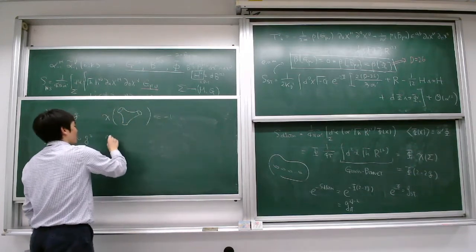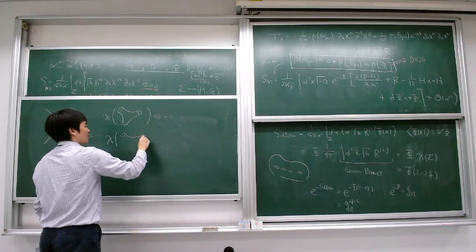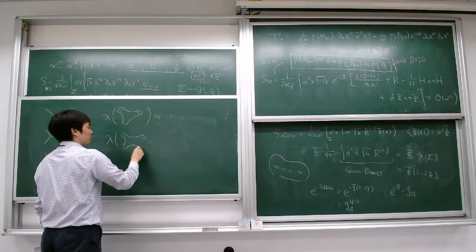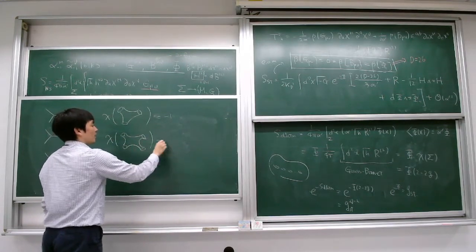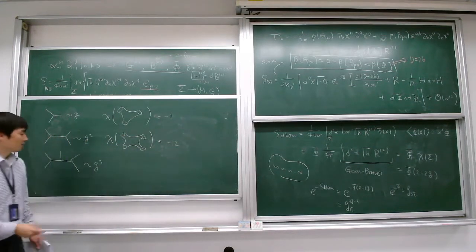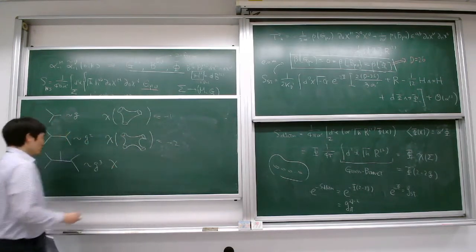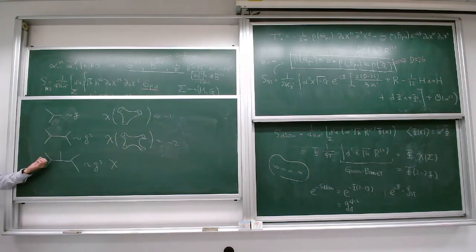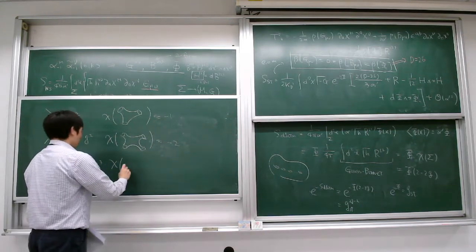What is the Euler characteristic of this one? Minus 2. And so on. So you can pump up this Feynman diagram to the Riemann surface.